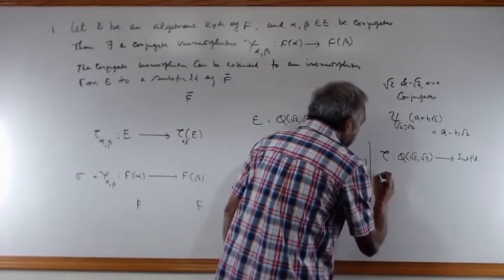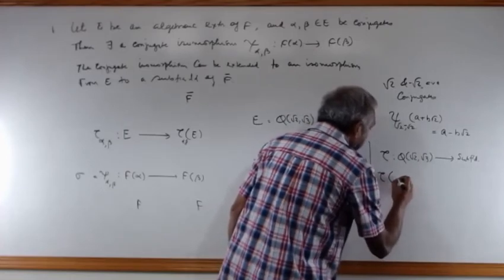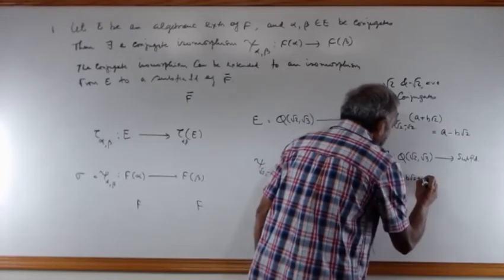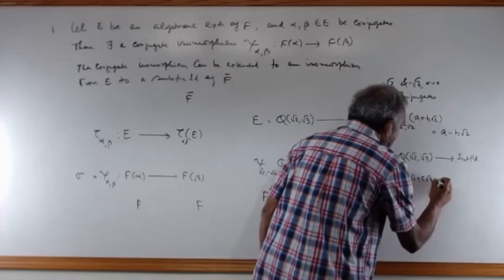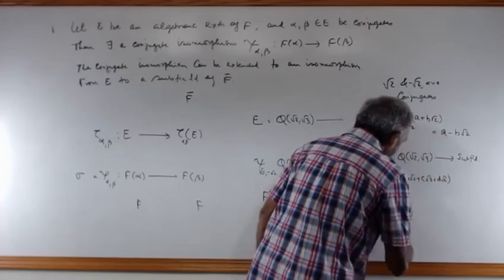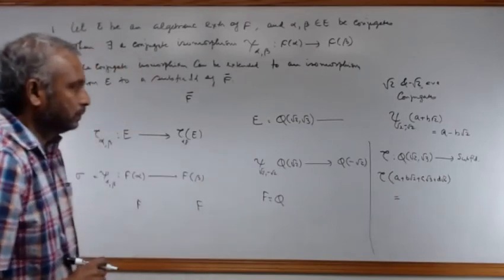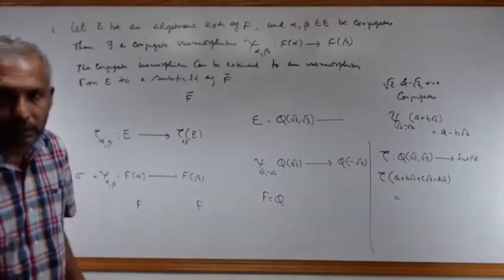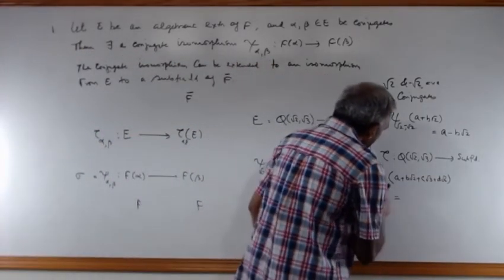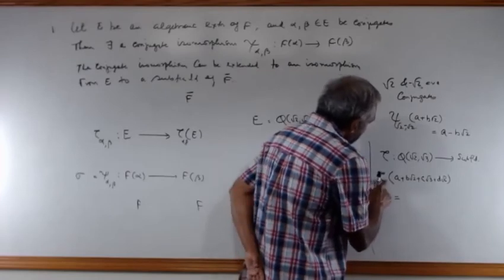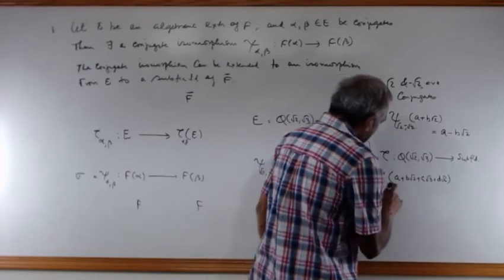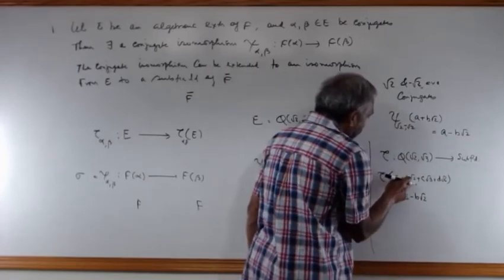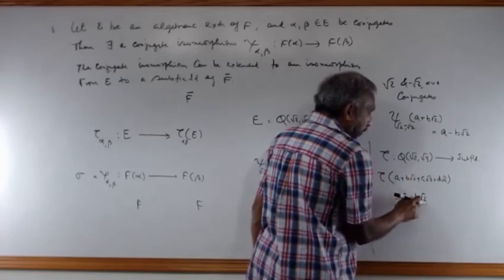So how do you define an isomorphism here? Tau of a plus b root 2 plus c root 3 plus d root 6 equals, see what happens here, a minus b root 2, because all root 2's should be converted to minus root 2.